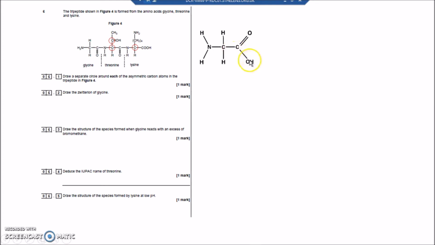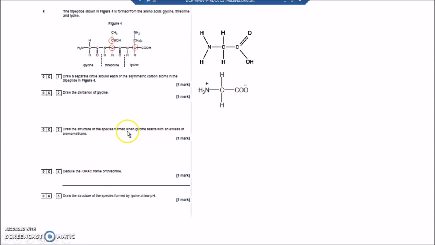It's lost the H, and that O has got a minus here. And at this end it gets the H, and it becomes plus. So that becomes NH3 with a plus on the N. So the zwitterion looks like that: COO minus with a minus on the O, and an NH3, 3 H's and a plus on the N. You can draw it as a displayed formula or like that.